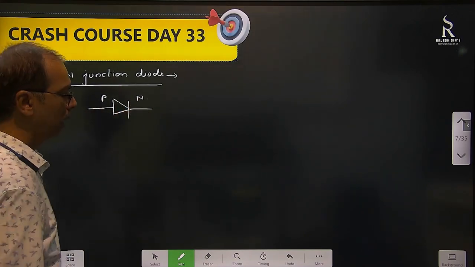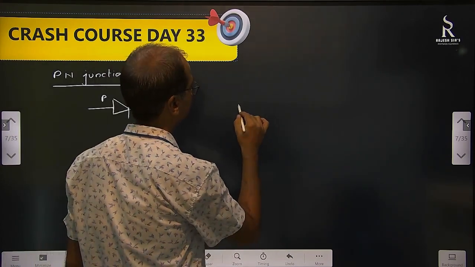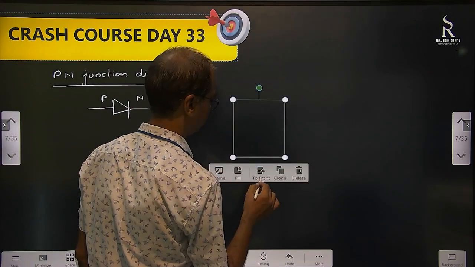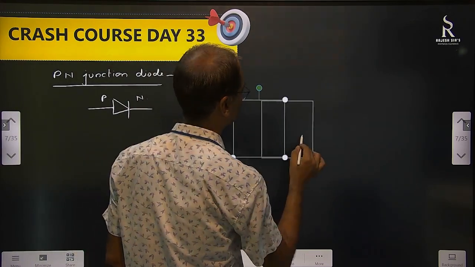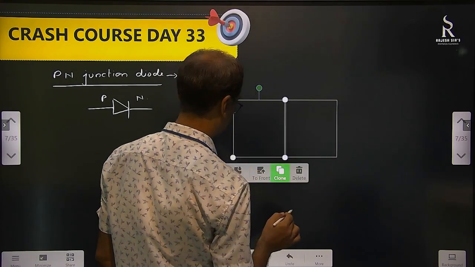Suppose this is P-type here and this is N-type.